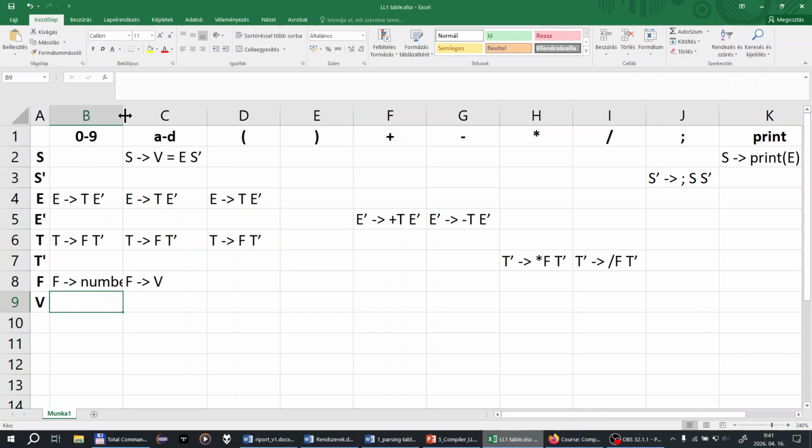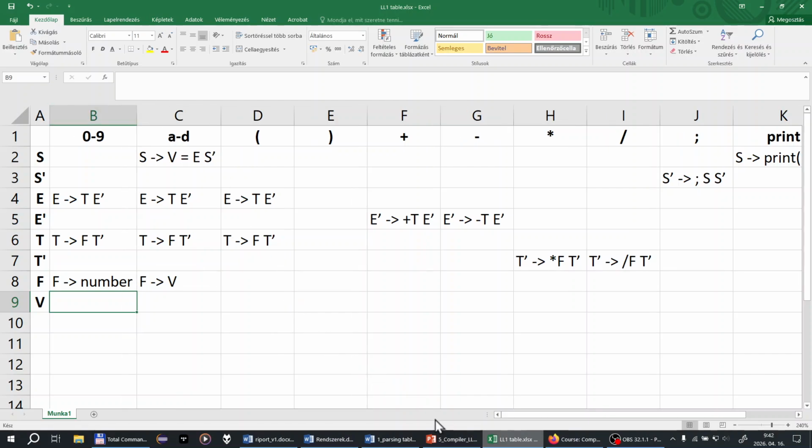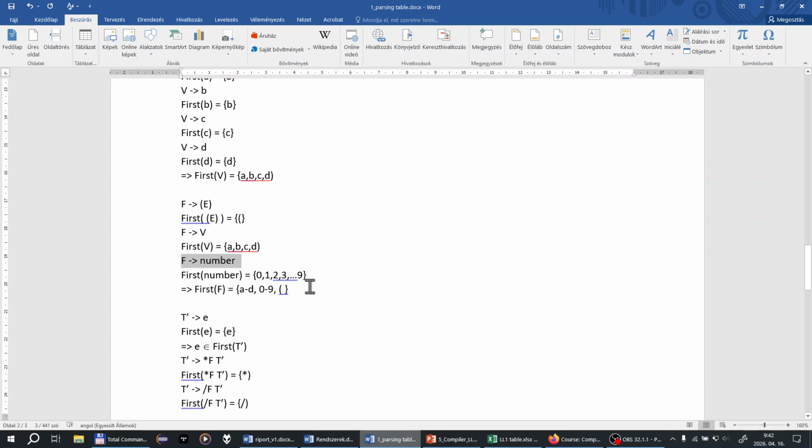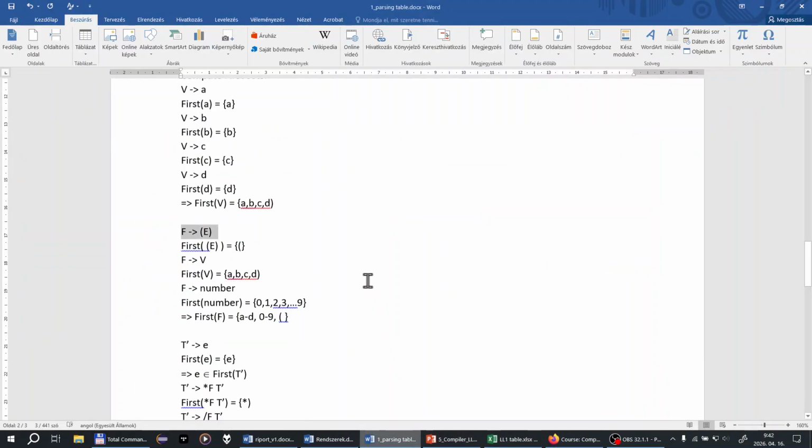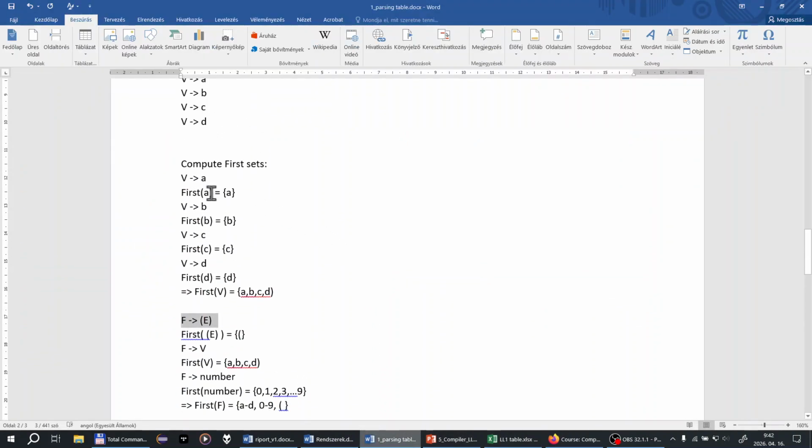And if we have an opening bracket, then we apply the grammar rule F to E in brackets. Here it is. And what else do we have?